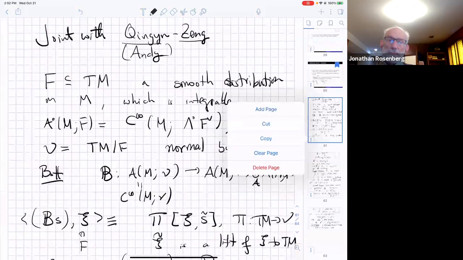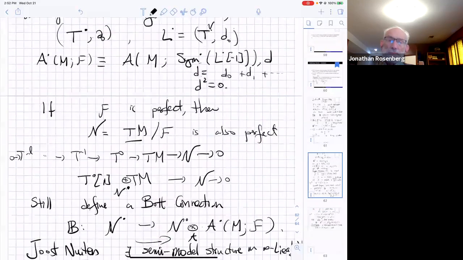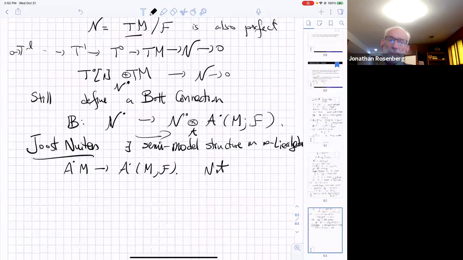I'm not really using his model structure, but I guess one could. The reason it's not actually a model structure is there aren't fibrant replacements. On the other hand, we can construct an appropriate fibrant replacement by hand. In particular, it's not onto, but that's basically the issue.